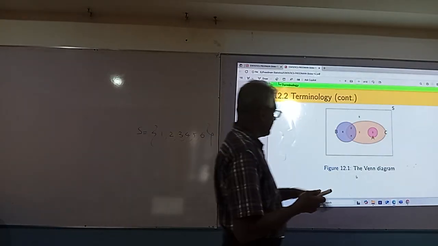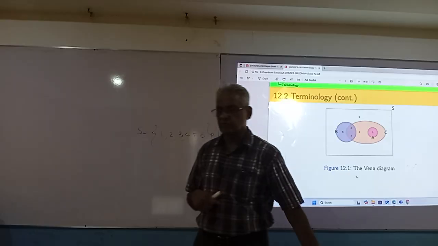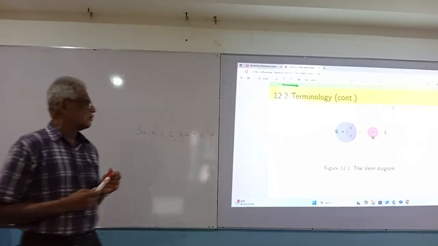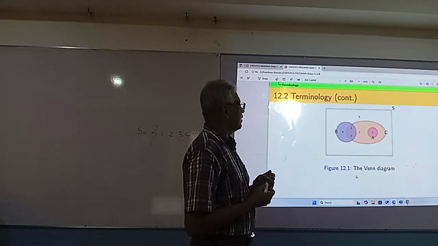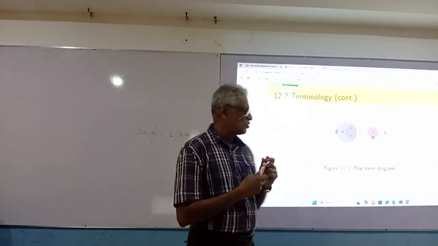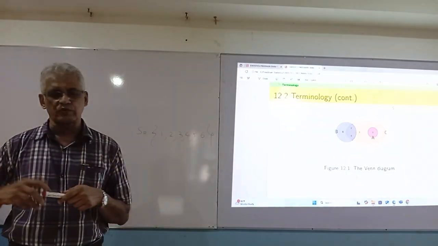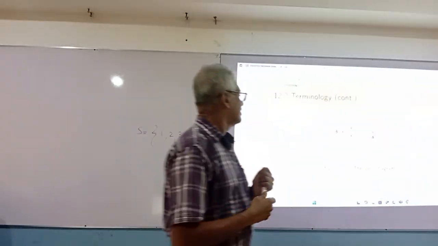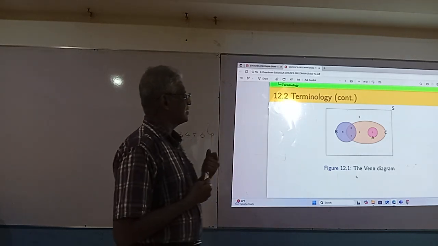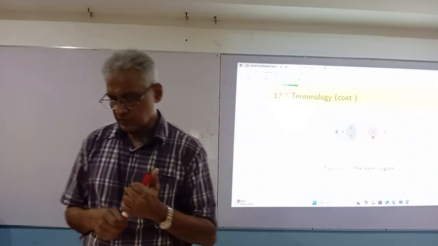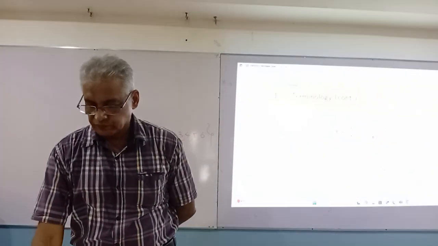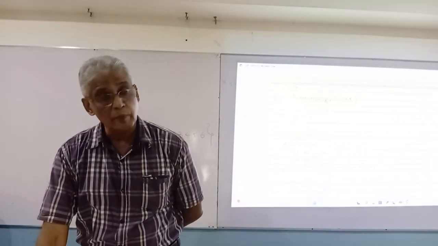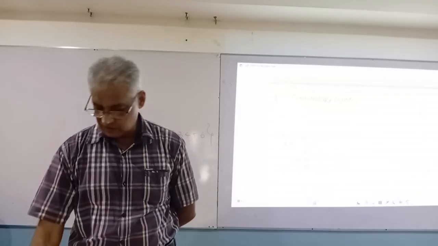Venn is the name of the person who invented this kind of picture. Most books usually use circles, but you don't have to; you can have any shape to show the set. So this will be the Venn diagram for this example. We will talk about the probability of these things a little later. For the moment, we are only going to look at events.